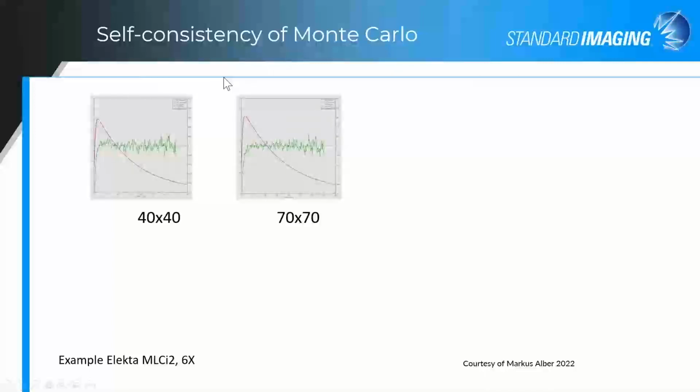I'm going to try to explain to you some of the self-consistency of Monte Carlo. What we're looking at here is a calculated versus a measured PDD for a 4x4 and a 7x7 field. The small aqua line is the Monte Carlo electron contribution. The dashed line down here is the Monte Carlo generated secondary spectra.